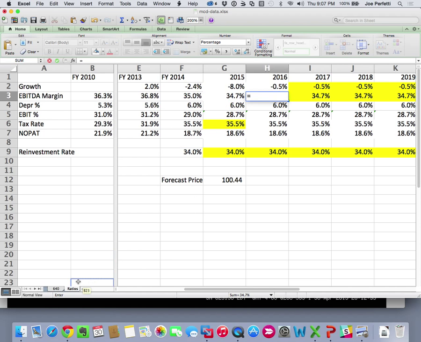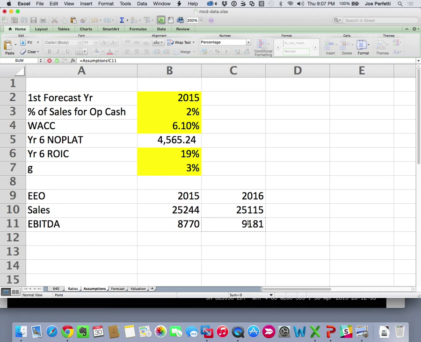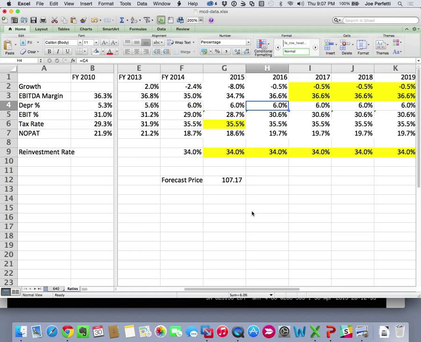For 2016, taking the EBITDA forecast divided by the sales forecast, is expected to be 36. Well, that gets me to $107 a share, assuming the tax rate and reinvestment stays the same.